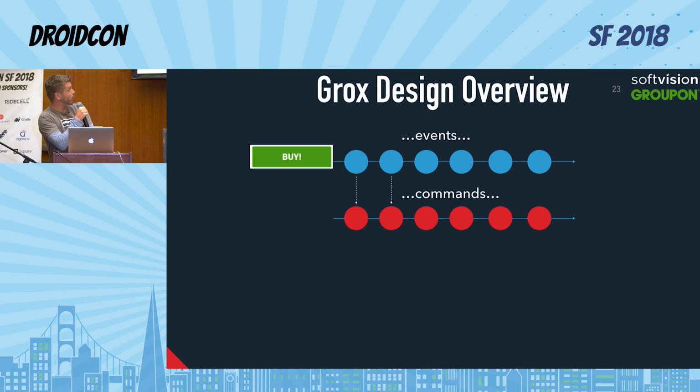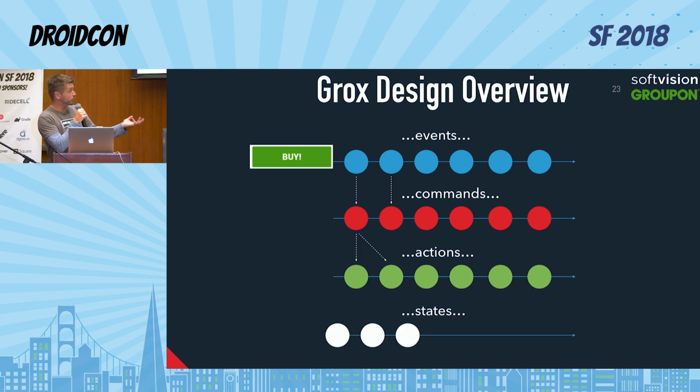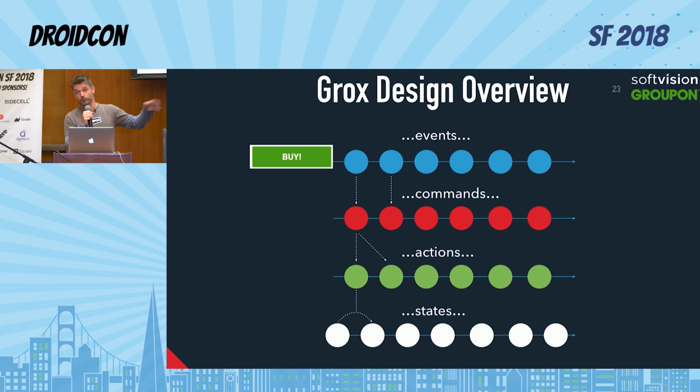Then from this stream of commands, we're going to transform it into a stream of actions. And the relation between commands and actions is one-to-many. So one command can actually create multiple actions. I will let Alin detail this in a second. Now we have this stream of actions, but remember, actions are just state changes, so we can now produce a stream of states. Every action is going to be responsible for passing from one old state to the new state, and this creates our stream of states.